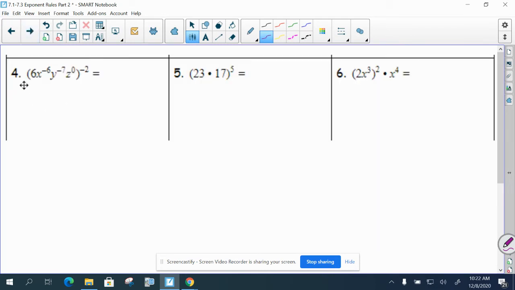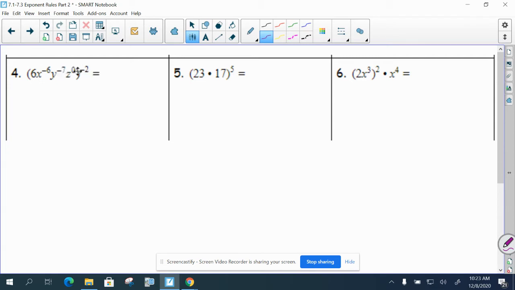Okay, number 4. So for number 4, one other option that you have, before you raise everything to the negative second power, is you can flip them. However, what I would do first is go ahead and distribute the negative 2 into each term in here, because that's going to also make these positive, because you're going to multiply 2 negatives.